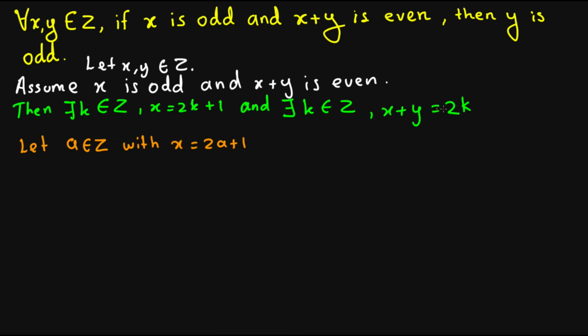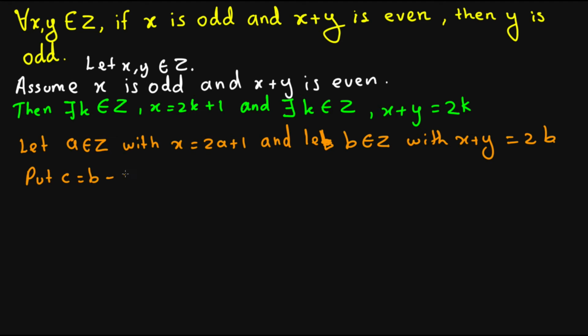Now instead of 2k we are going to put 2b, and let b belong to the integers with x plus y equal to 2b. After that put c equal to b minus a minus 1, because we are going to replace it later. As I go on, you will see that.